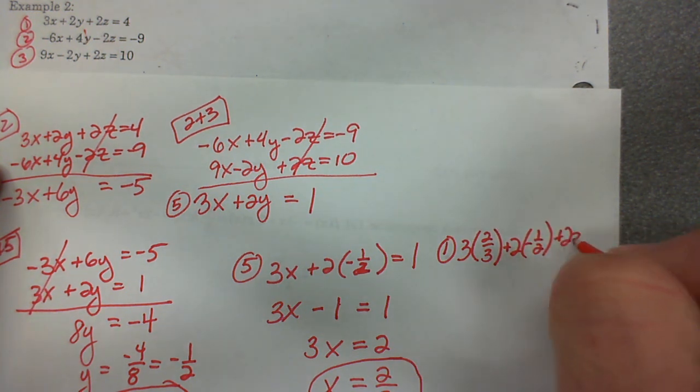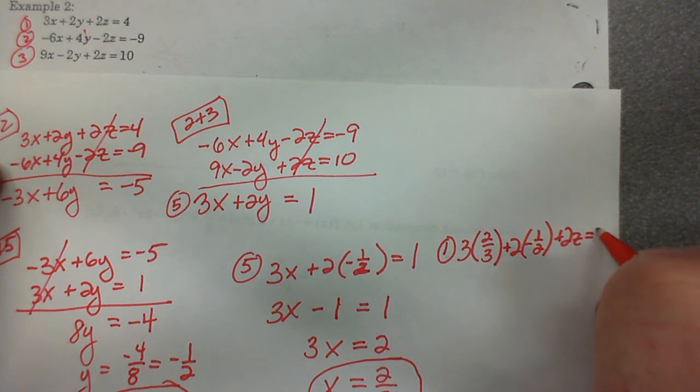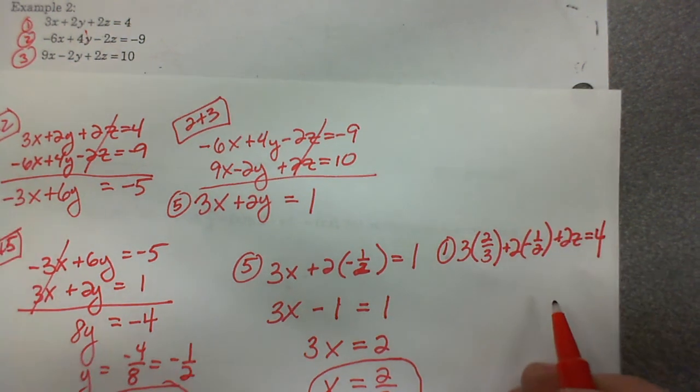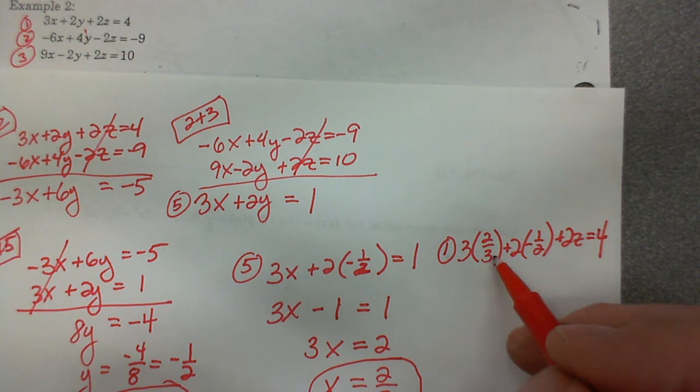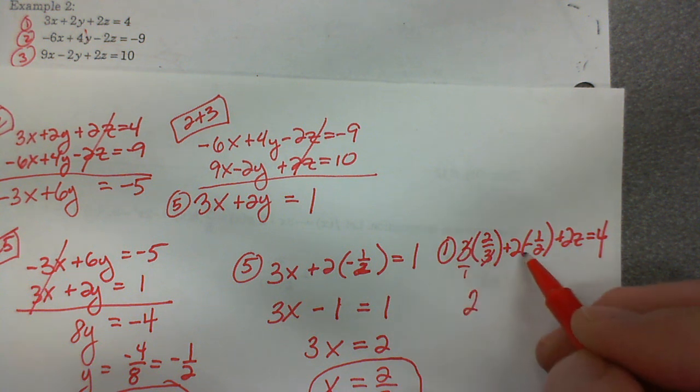plus 2z equals 4. So let's go ahead and simplify that. 2/3 of 3, the 3's are going to cancel there because this is in the numerator, this is in the denominator, so those cancel, so that leaves you with 2.